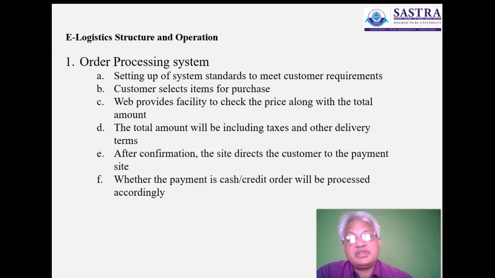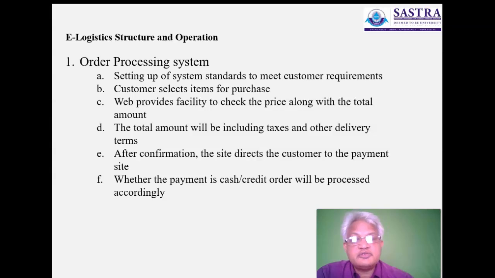After the customer confirms the order based on the quantity he wants to take, whether he is okay with the quality and the total amount, including the delivery charges that is displayed, the site directs the customer to a payment module.